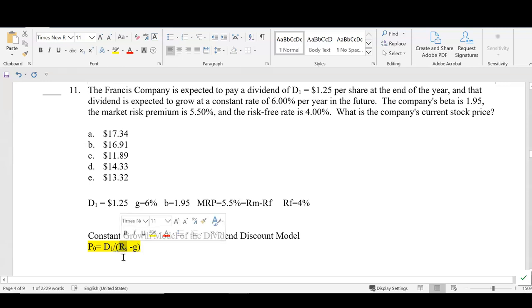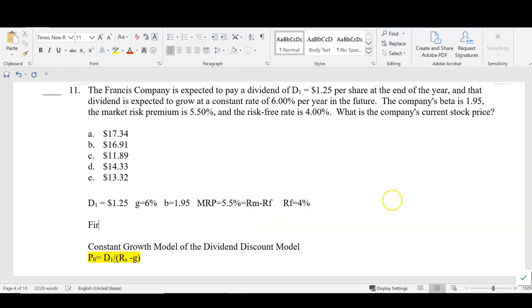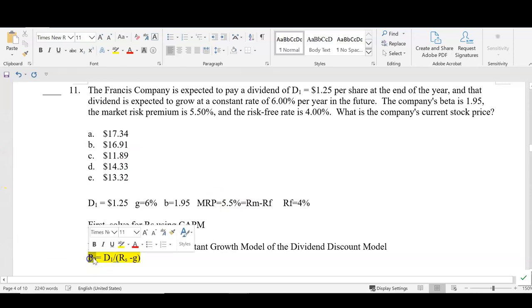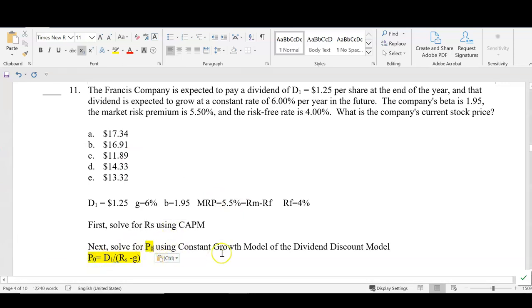We need to solve for RS. We know beta, market risk premium, and risk-free rate, so we can first solve for RS using CAPM, and next solve for P0 using the constant growth model version of the dividend discount model.